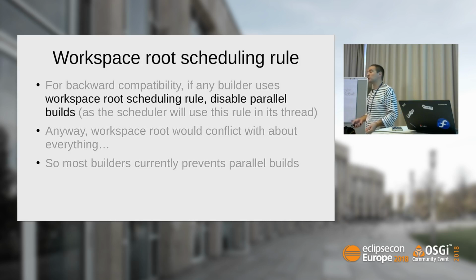But anyway, even if we were trying to run things in parallel when one of the jobs used the workspace root scheduling rule, it will conflict with everything, and things will not trigger in parallel, so it doesn't change much. But the conclusion of all that is that if most builders use the workspace root scheduling rule and the workspace root scheduling rule disables parallel build, it means that most builders disable parallel builds.